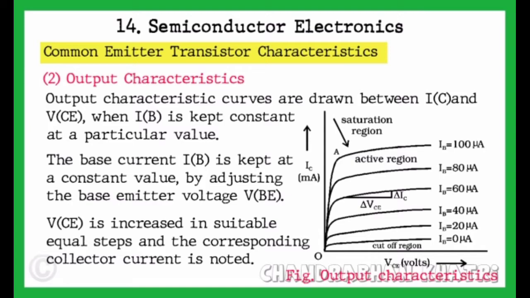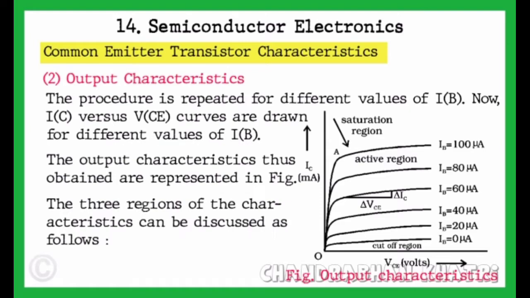VCE is increased in suitable equal steps and corresponding collector current is noted. The procedure is repeated for different values of IB. Now, IC versus VCE curves are drawn for different values of IB. The output characteristics thus obtained are represented in figure.